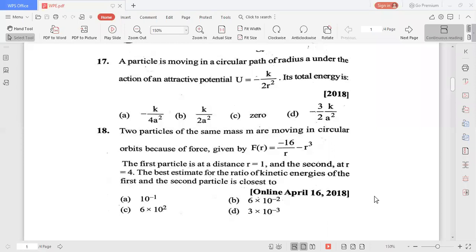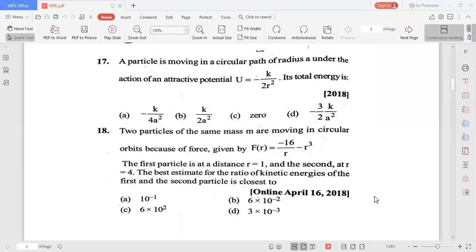Here the answer is given approximately, as 6 into 10 to the power of minus 2. So K1 by K2 is given in terms of multiples of 10 to the power of minus 2. So first put 0 point, then it becomes 170. So 170 by 272, again you put 0, then 1700.